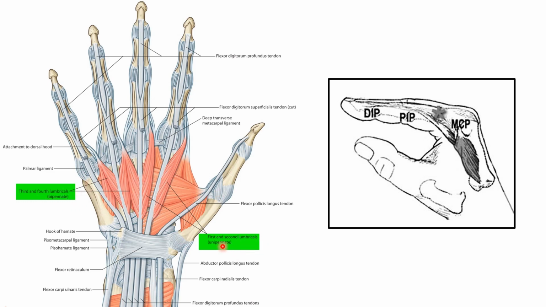First and second lumbricals are innervated by the digital branch of the median nerve, and third and fourth lumbricals are innervated by the deep branch of the ulnar nerve. Function is flexion at the metacarpophalangeal joint and extension at proximal and distal interphalangeal joints. They originate from flexor digitorum profundus tendon and insert to extensor expansion or extensor hood.